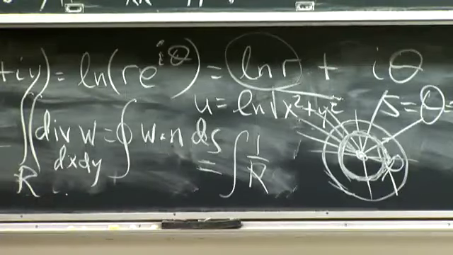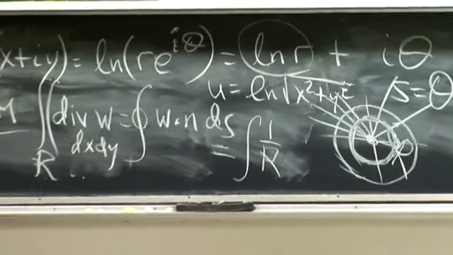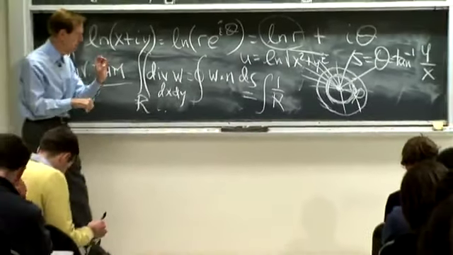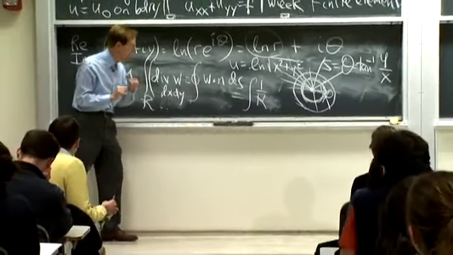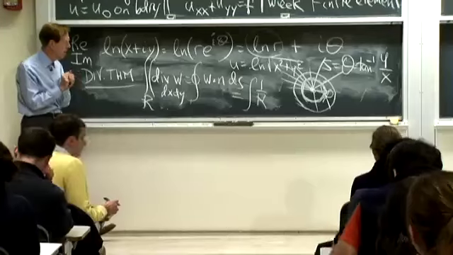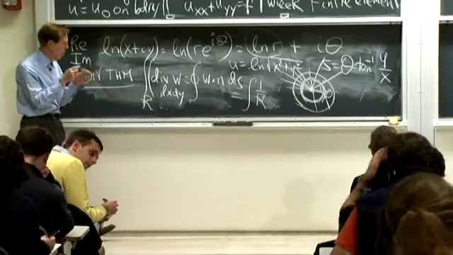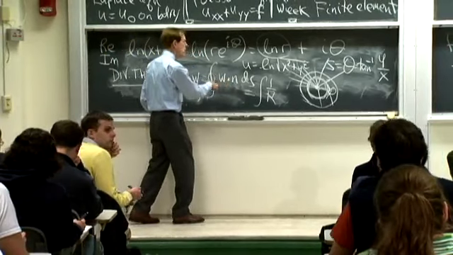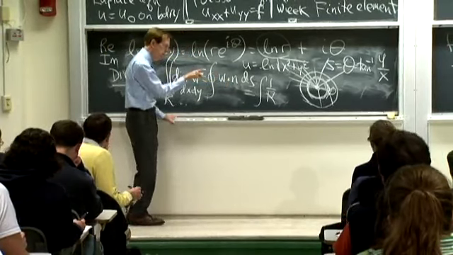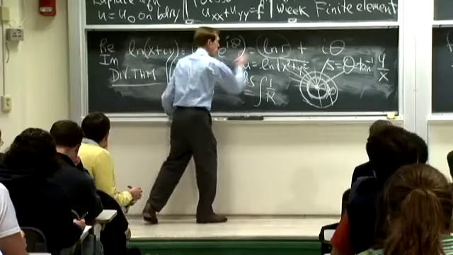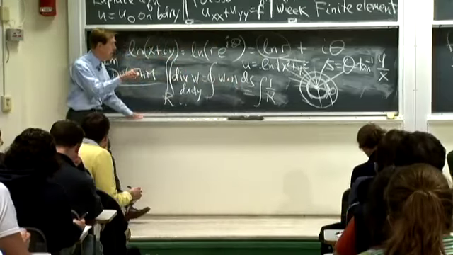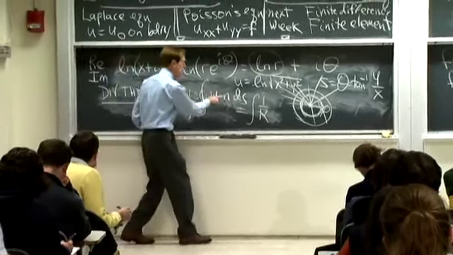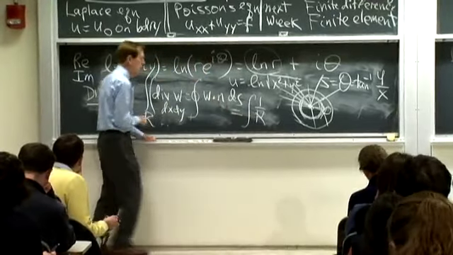I went pretty quickly there, so I'll ask you to look in the book, because this is such an important example. It's done there in more detail. So I'm claiming that the derivative is 1 over r and that it points directly out. So the gradient points out, the normal points out, so that I just get exactly 1 over r.